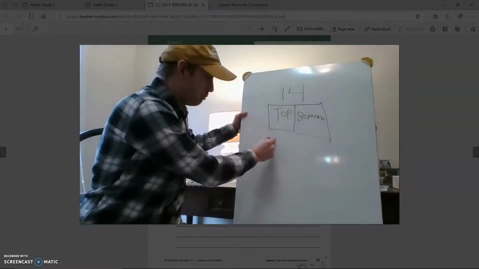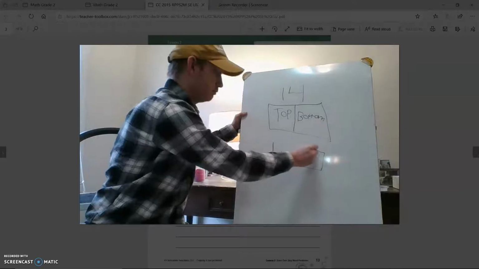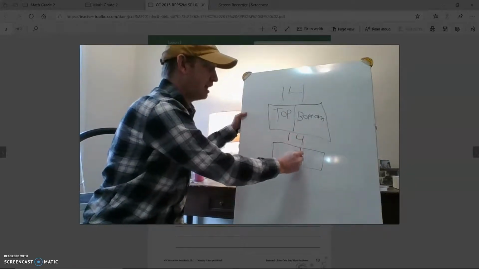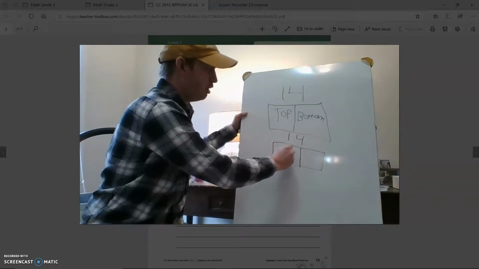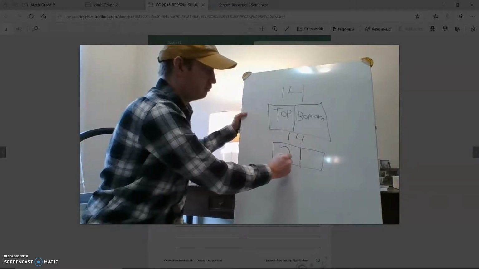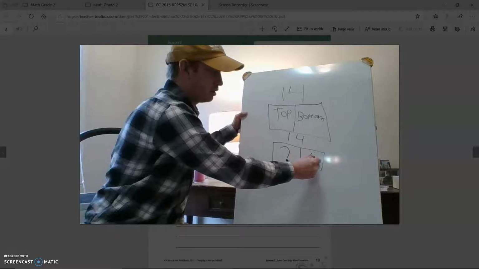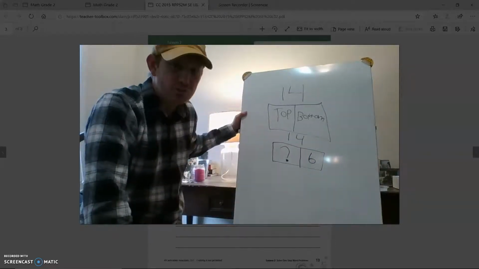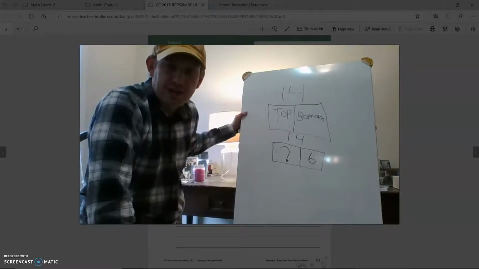Now, what I actually know based off of the word problem, if I draw it again, is that there's some number on the top, and there's 6 on the bottom.